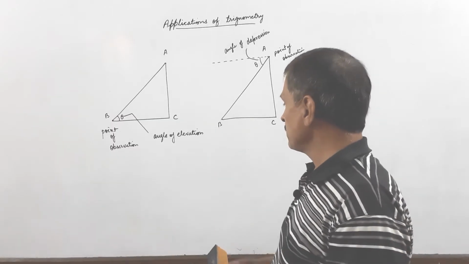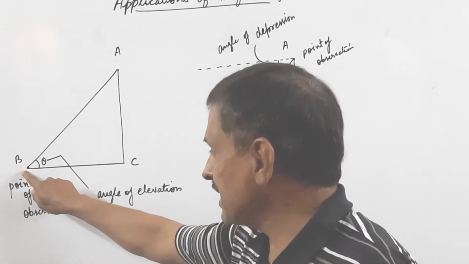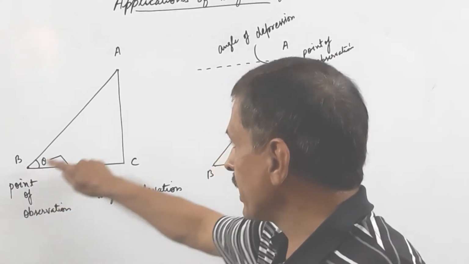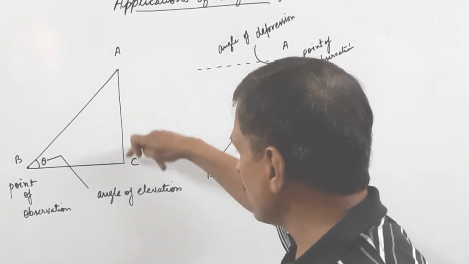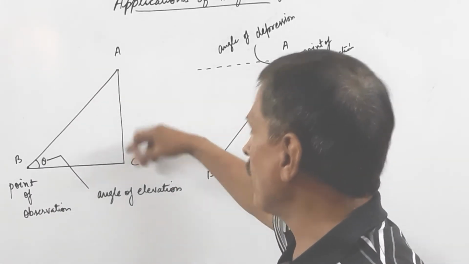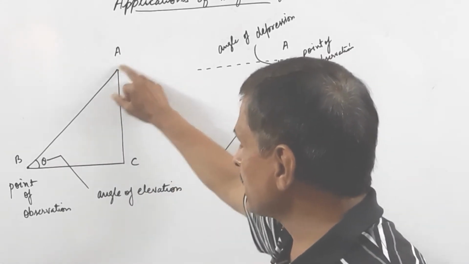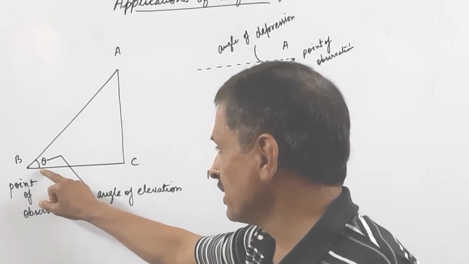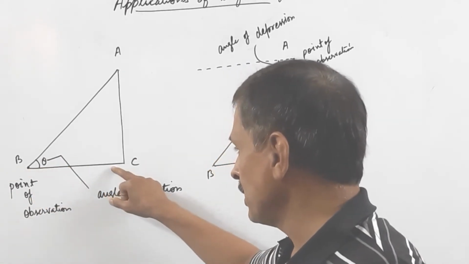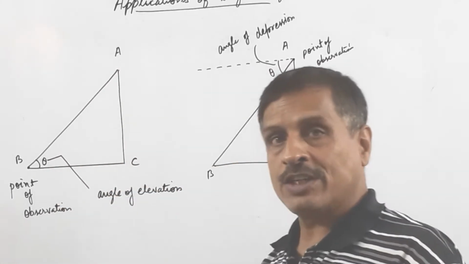I repeat again, here the point of observation is B. We are looking towards the top of something. Let this be a building or tower of given height. We are looking upwards. This incline is making angle theta at the point of observation with the ground. As we are looking upwards, this is the angle of elevation.